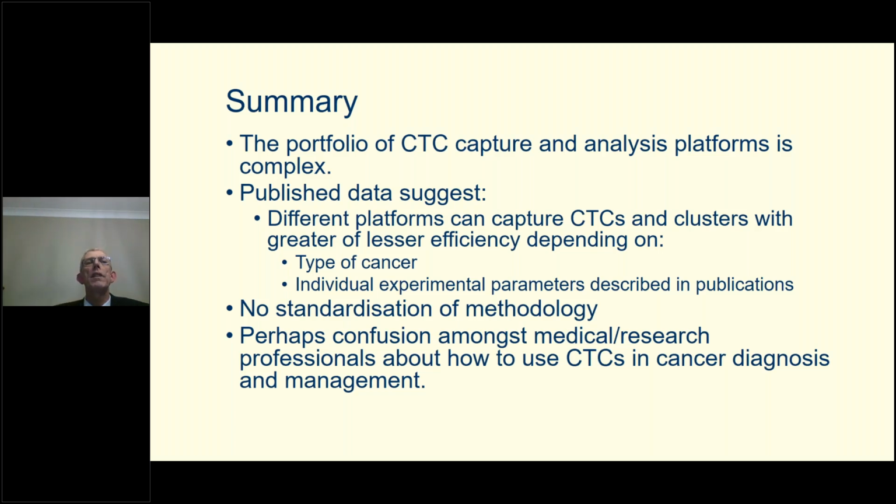So we don't really have this standardization of methodology across different platforms. And I think there is perhaps still some reticence. I said confusion there, but perhaps that's too strong a word. But some greater understanding is required of what we can use CTCs for.